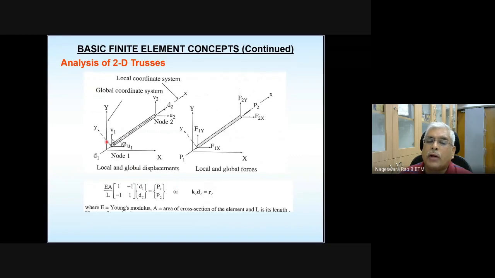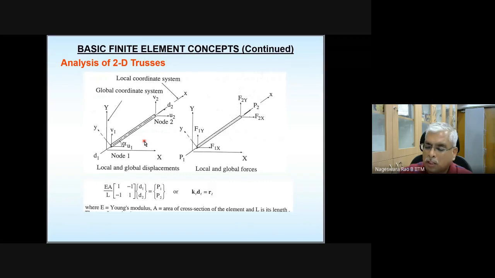If you have two coordinate systems, small x, small y, the local coordinate system, and capital X, capital Y, the global coordinate system, with the local x-axis at an angle alpha with respect to the global x-axis, measured in the counterclockwise direction, then you need to go back to your high school mathematics.